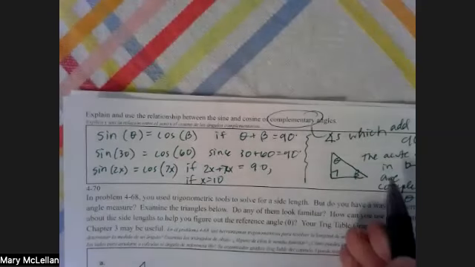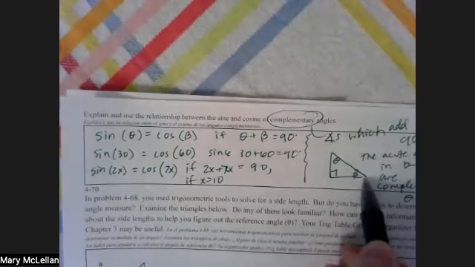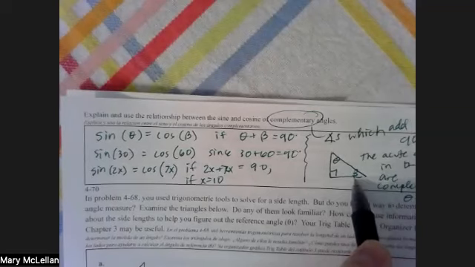In this situation, x would be 10, because 9x equals 90 means that x is 10. And that is just because if I use the other angle in a right triangle, then what was the opposite becomes the adjacent, and what was the adjacent becomes the opposite.